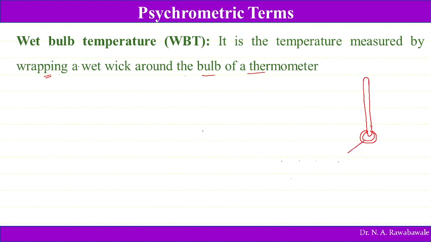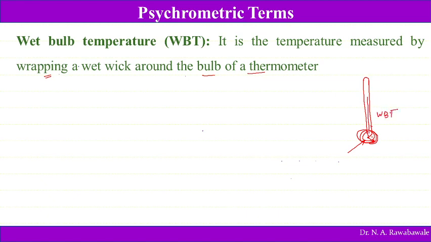When air comes in contact with this wet bulb, it evaporates the outermost layer of water by absorbing latent heat from the inner part of the wet cloth, thereby cooling it. The temperature measured by this thermometer is known as the wet bulb temperature.